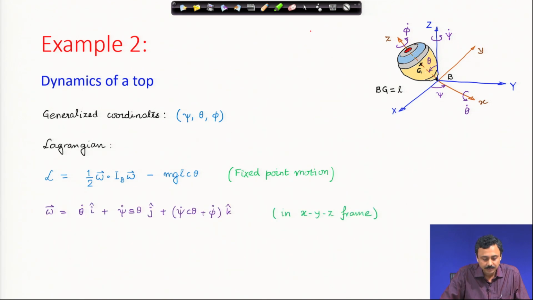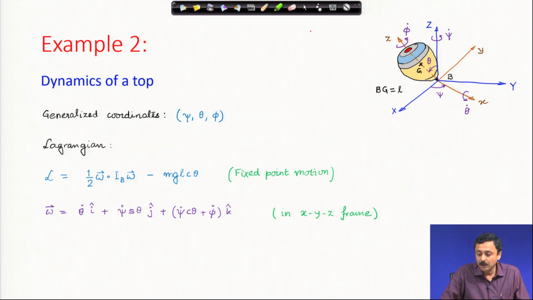Once I have been able to write down the Lagrangian, I have to find out the terms explicitly. Here I have used that lowercase x y z frame to represent everything.